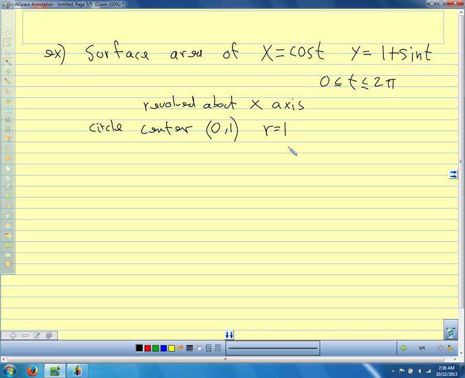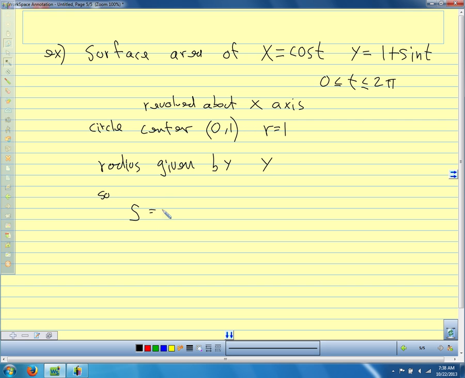That's exactly right. So revolved about the x-axis, our radius is given by which equation? It's given by y. So our radius of revolution is the y coordinate of our little piece of arc length.